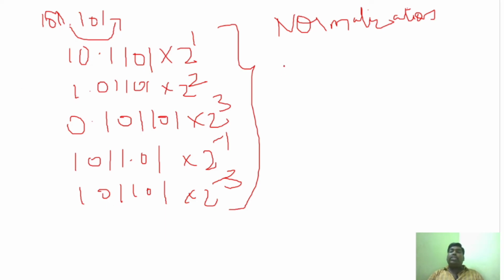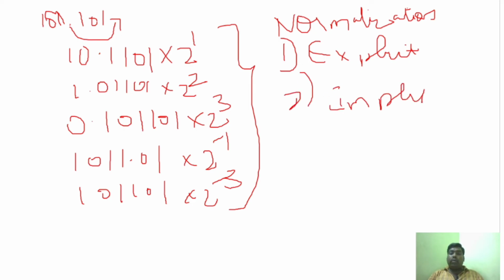In normalization, there are two representations: one is explicit representation, another is implicit representation. I'll show the example, but for now understand that moving the decimal point to the left of the MSB 1 is called explicit.